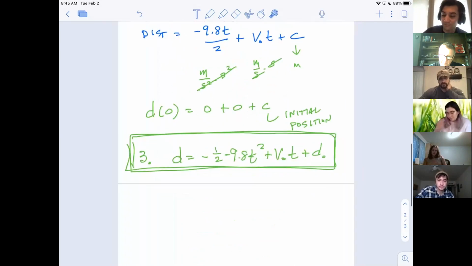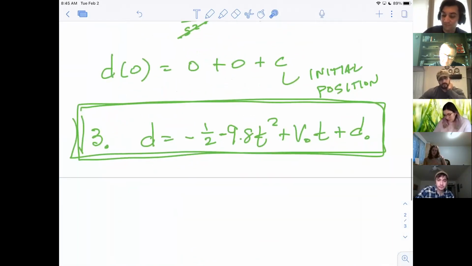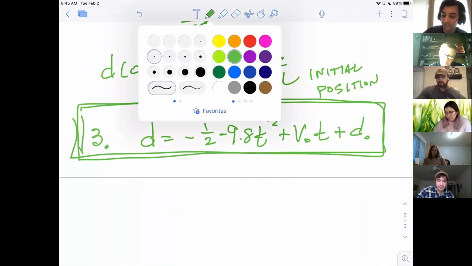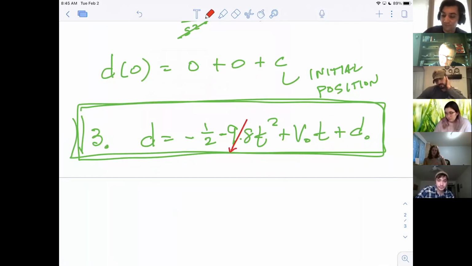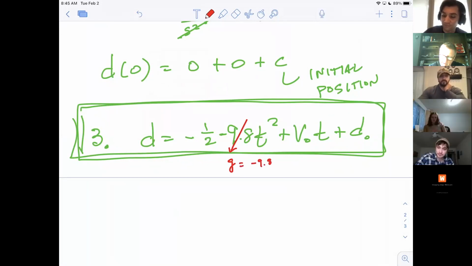What you sometimes see in a physics book is exactly this, except, interestingly, they'll replace this with the letter G because of gravity. And they'll say that because, well, is the problem metric? Notice this formula only works if the problem is metric. Whereas that number could be -9.8, but it could also be equal to -32 if this problem was involving feet. Does that make sense? Feet in seconds.